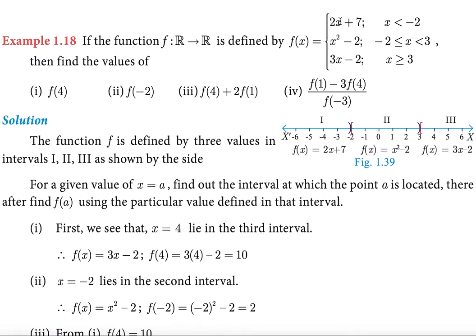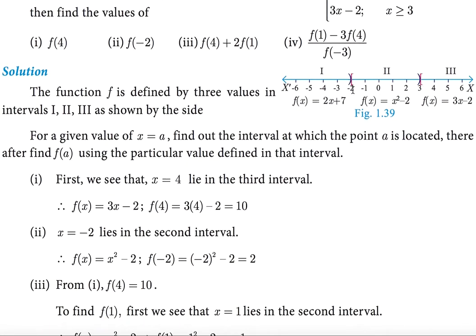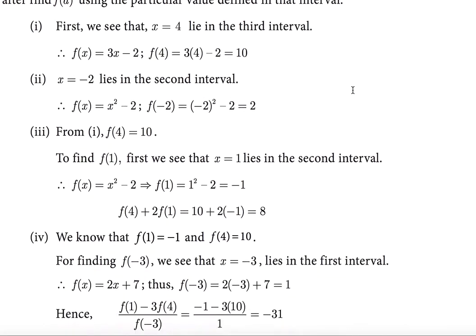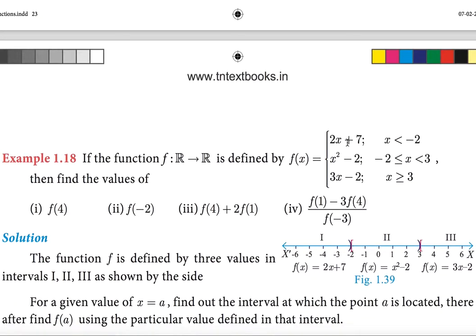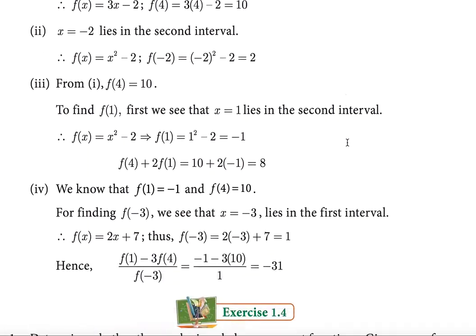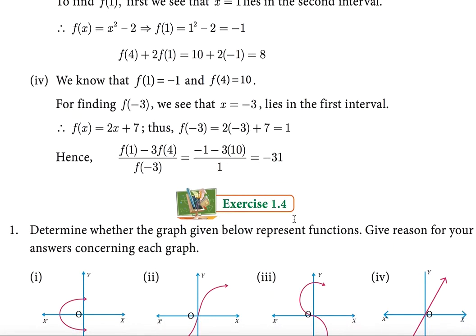So how much did we get here? f of 1 is minus 2, f of 4 is 10, 30, minus 32, right? Minus 2 minus 30, minus 32. So that is the answer. Minus 31, f of 1 is 1 minus 1. So minus 31. Okay, right.